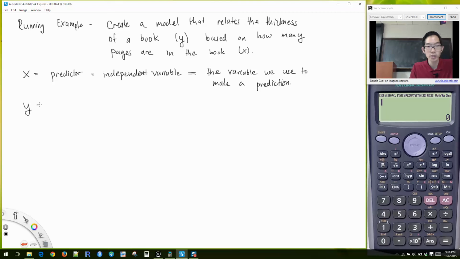And y is the response, also called the dependent variable. This is the variable that we are predicting.